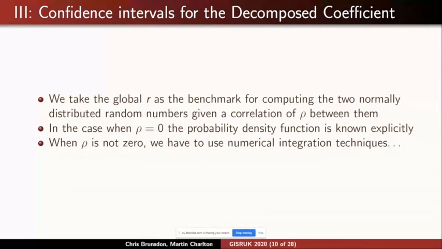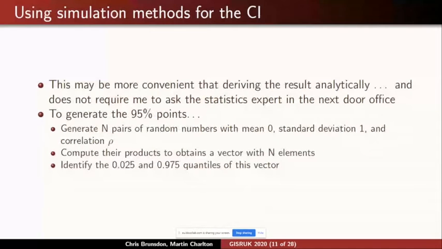So what we've then got to do is use some numerical integration techniques. We've done all of this in R, and it's got some very neat little things for calculating what we need, rather than deriving the result analytically, which doesn't then require me to ask the statistician in the next door office.